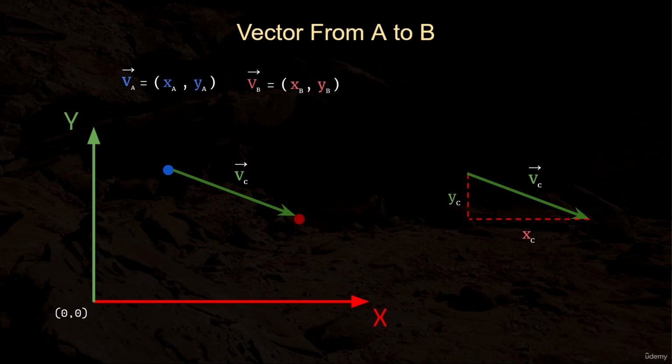So if we want to calculate these, we can easily do so, provided that we have the information we need, which is the components, x and y, of both VA and VB.